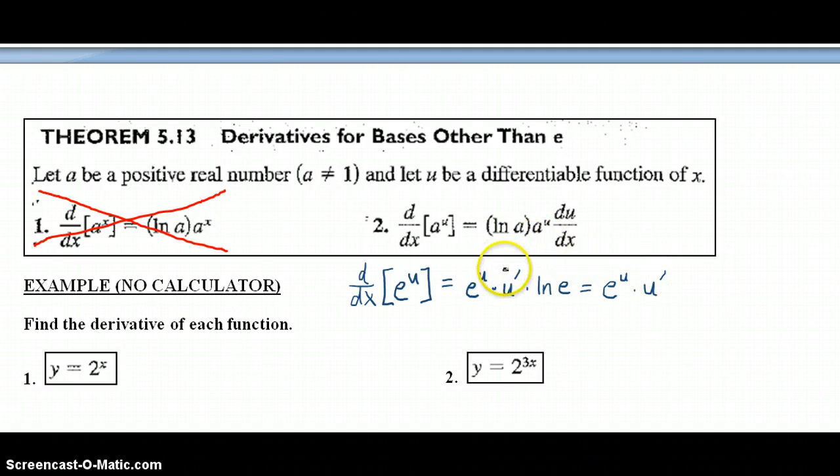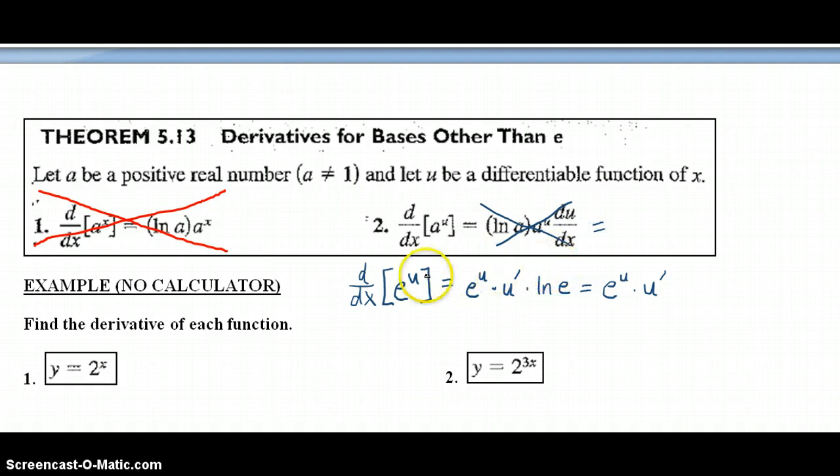Now, when your base is something other than e, if it's an a value where a is a positive real number, then I would encourage you, instead of using that rule, make it easier to remember.